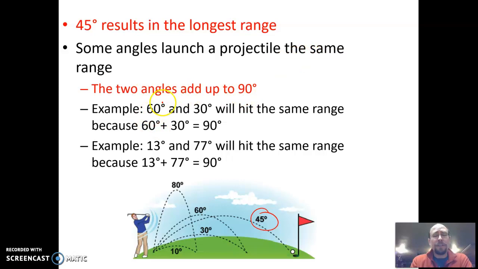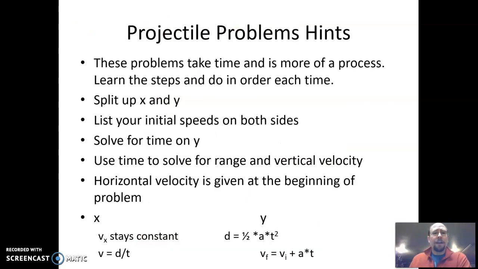So like if you knew that something was shot at 60 degrees and you needed to figure out another angle that will hit the same range, it's 30, because 60 and 30 add up to 90. If something was launched at 80 degrees, another angle that will hit the same range is 10. Or if it's 13 degrees, the other angle that hits the same range is 77 because they add up to 90. That's kind of it.